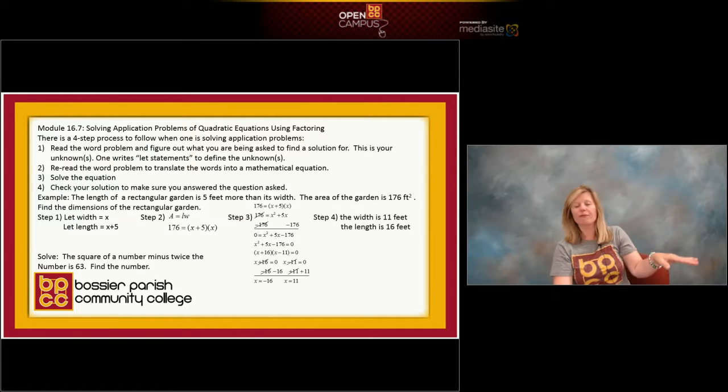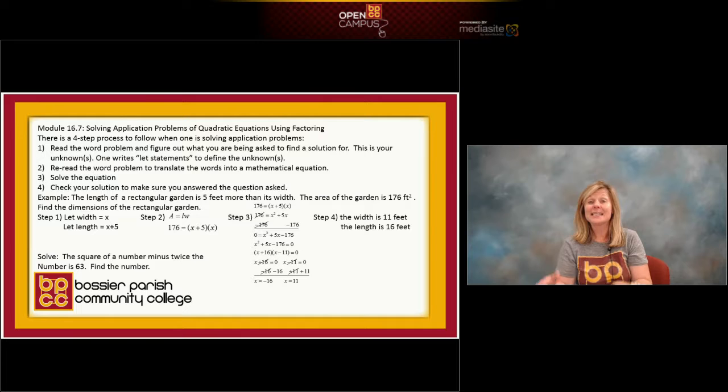Well, we've already used the first sentence. We're done with that. Sentence 2 says the area of the garden is 176 feet squared. What does the word area mean? From geometry, area means you take the length and multiply it by the width, and it gives you the measure inside. And from geometry, we wrote a formula: A equals LW. Well, formulas are equations.